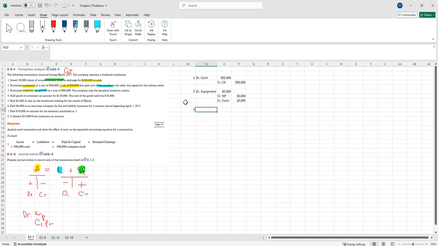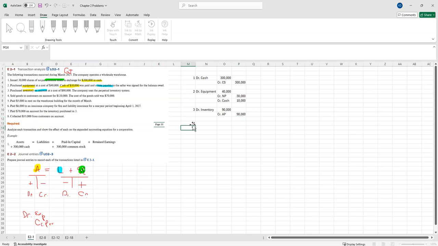So for 3, we'll do debit inventory, an asset that increased, and then we will have credit accounts payable, a liability that has increased. So it will be 90,000, 90,000. Nothing too hard on there.